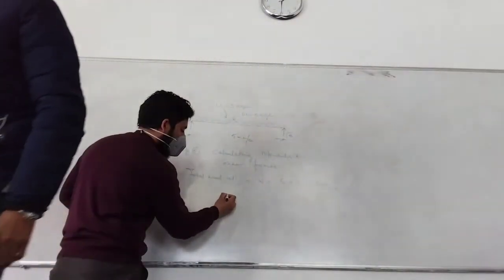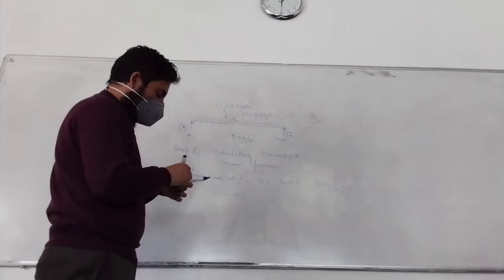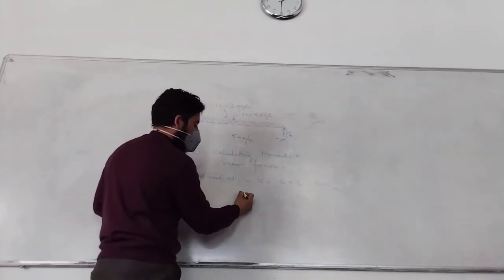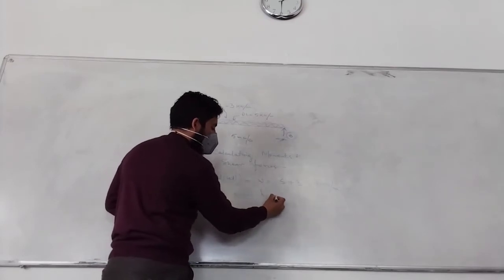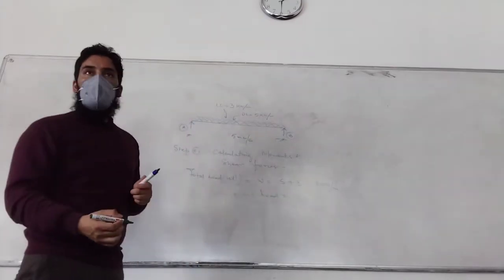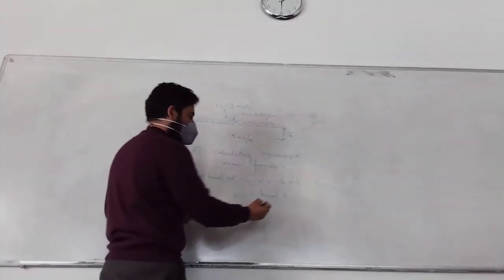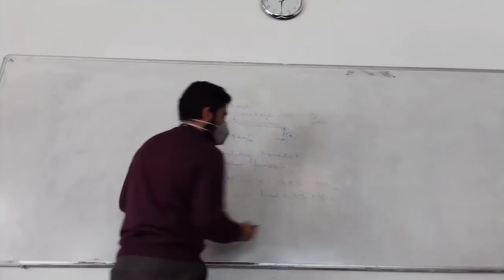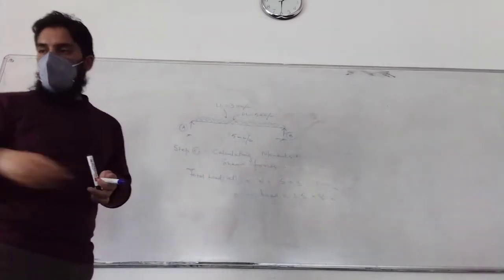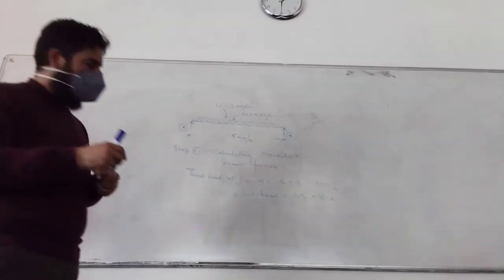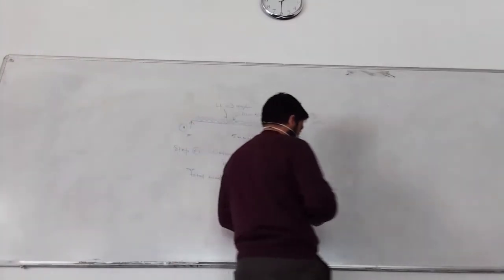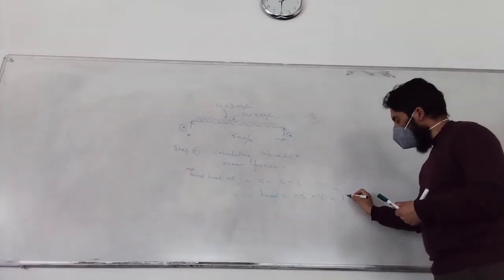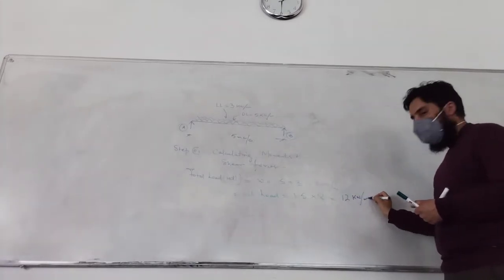Then you have WU, the ultimate load, and this is equal to 1.5 times 8, which is 8 into 1.5 is 12 kilonewton per meter.